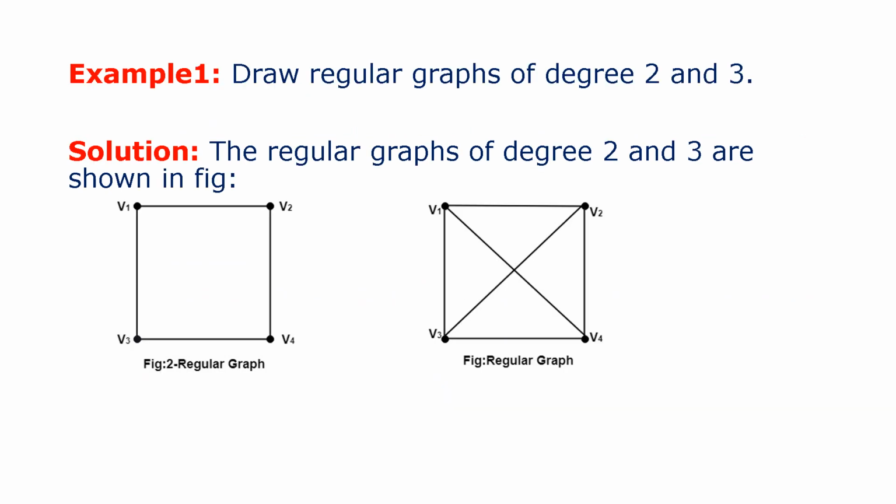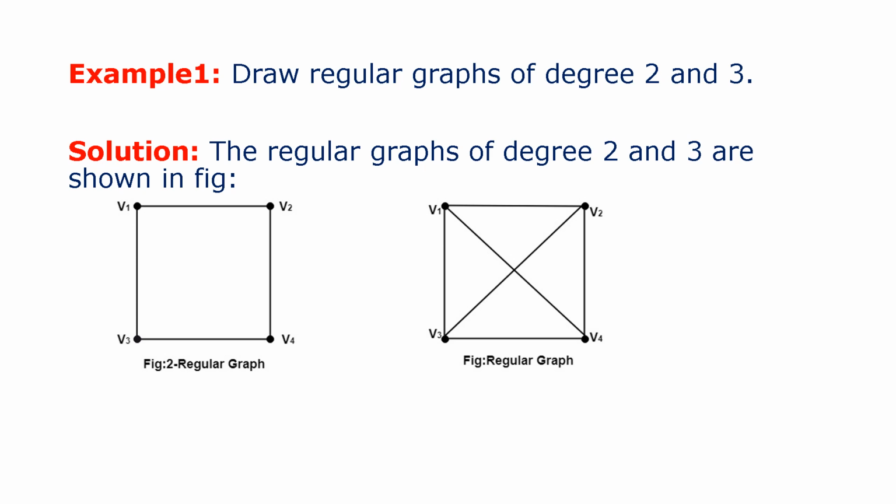Let's now turn to example 1. Draw a regular graph of degree 2 and degree 3. Here, the following figure is of two regular graph. In this graph, vertex V1 is of degree 2, vertex V2 is also of degree 2, vertex V3 is also of degree 2, and V4 is also of degree 2.